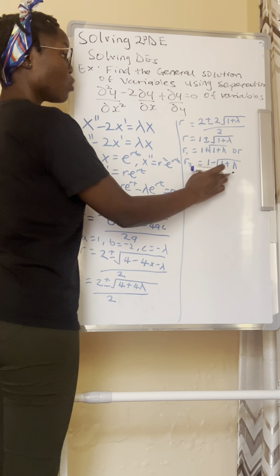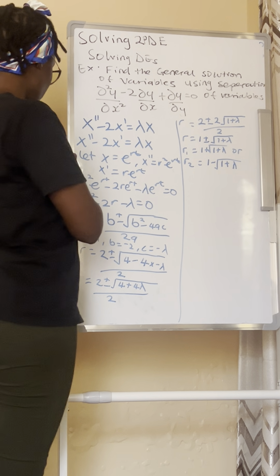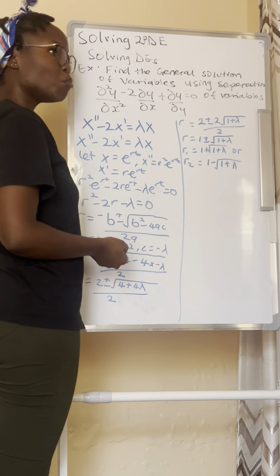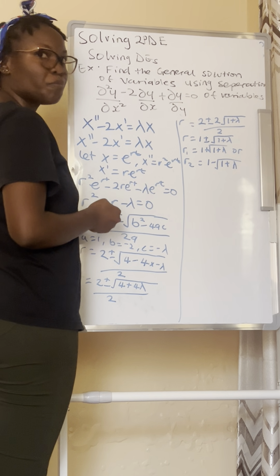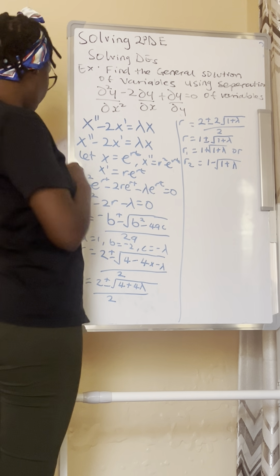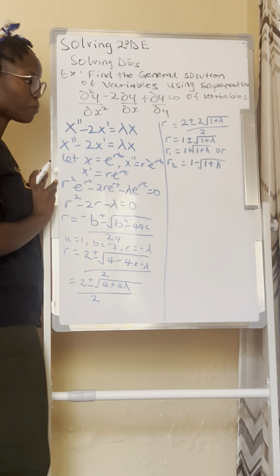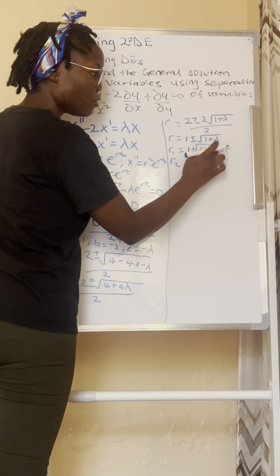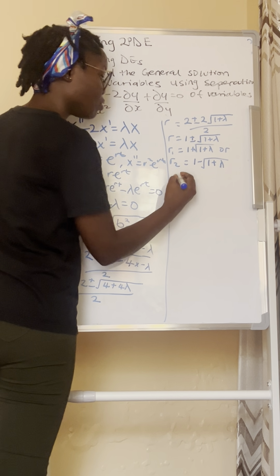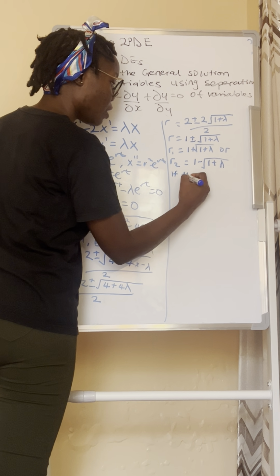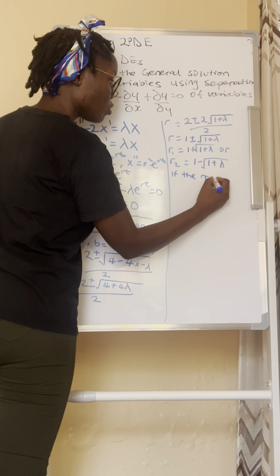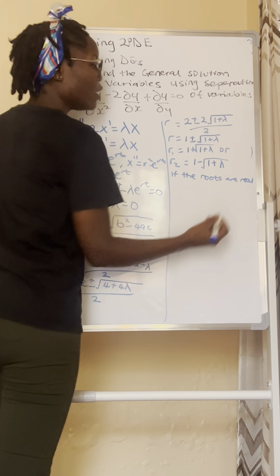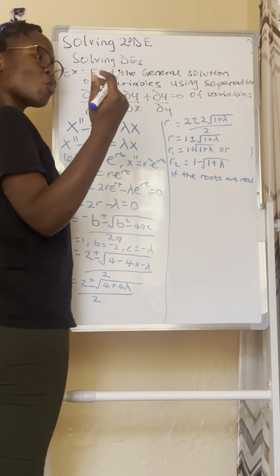Now, because this is a constant, it means that our roots could be either complex, or it could be two repeated roots, or it could be real. So let's assume the function, when you put in the value of r, gives you real roots. If the roots are real, it means we're going to use the solution form for real roots.